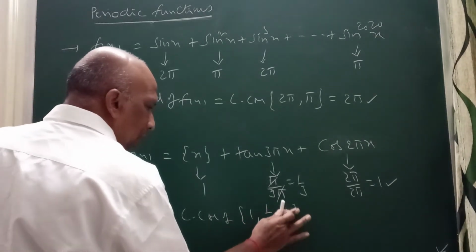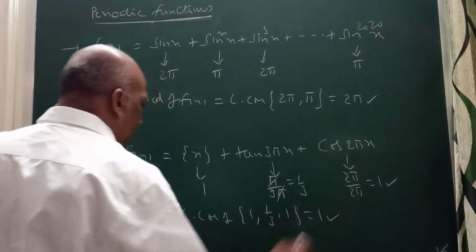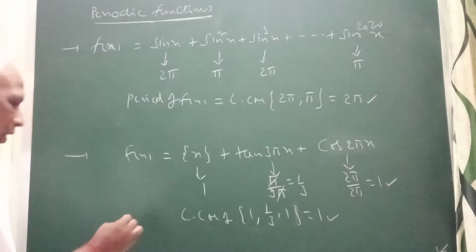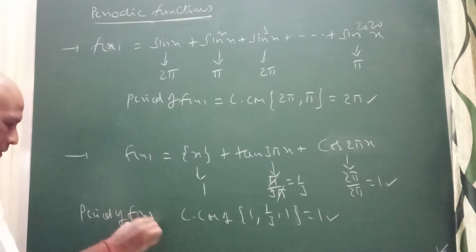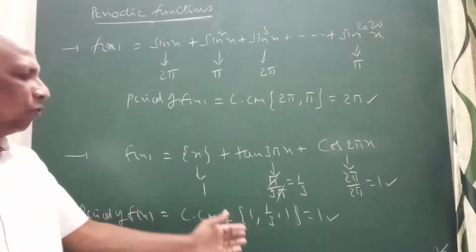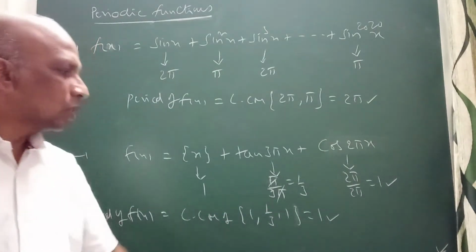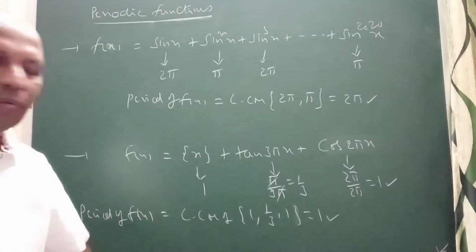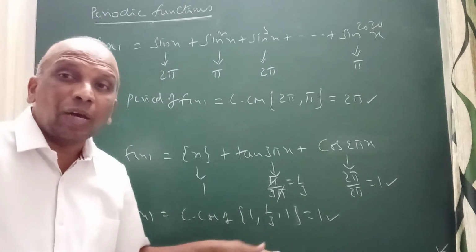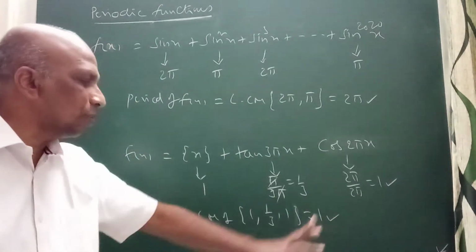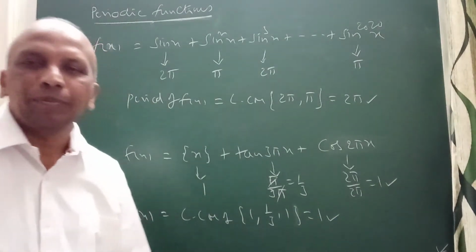Taking the LCM of numerators by HCF of denominators, it gives 1 only. Your answer is 1.